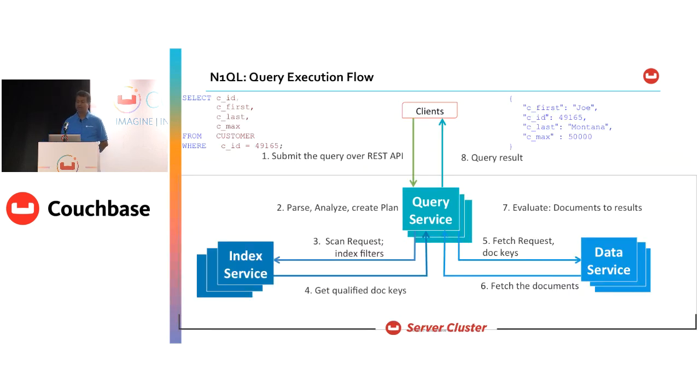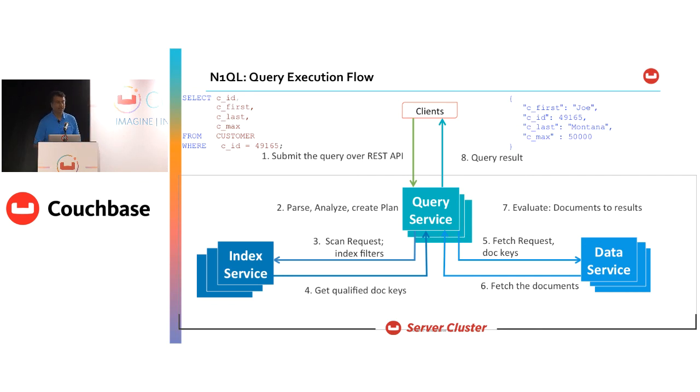Applications give the query over the REST API. The query service does the parsing, semantic analysis and creates the plan. If it chooses an index or two to evaluate the query, it sends a scan request to the index, gets the results back, and then it goes to the data service, gets the results back, does the post-processing, and goes back.